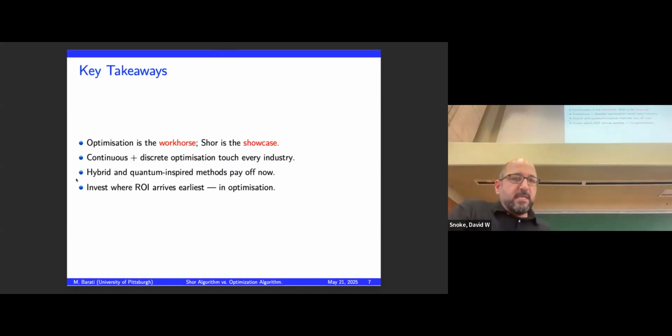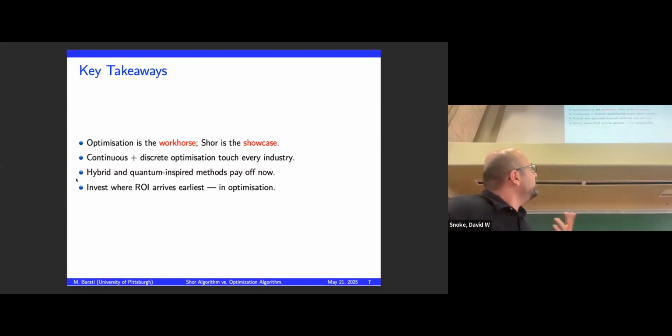So that's the takeaway. The big question is, when we think about the optimization algorithm and also the Shor algorithm, we should think about this question: what kind of investment has the earliest ROI, return on investment?